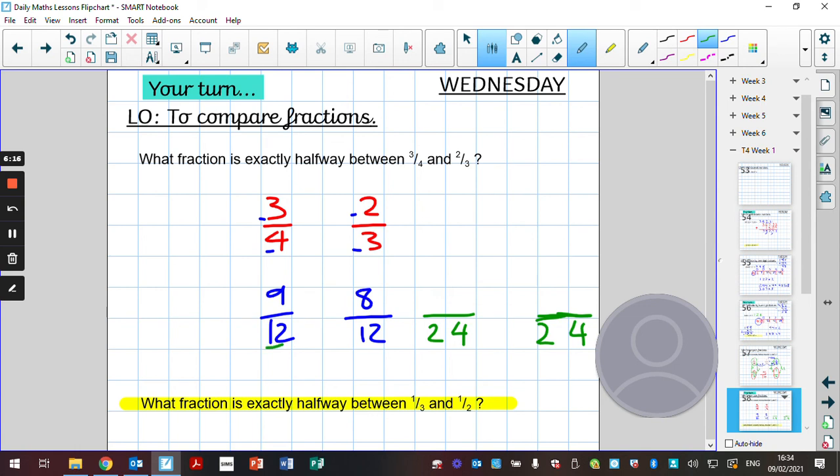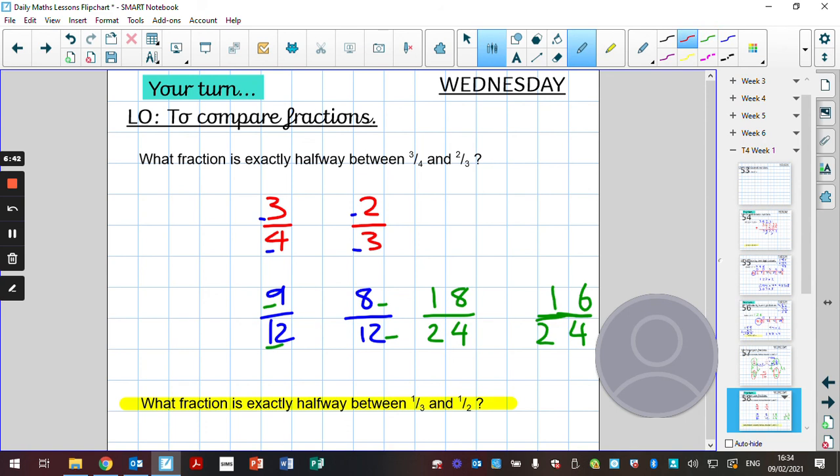What have I done to the denominator 12 there? To get to 24, I times it by 2. I need to do exactly the same with 9, so that becomes 18 24ths. What have I done to this denominator 12 to get to 24? I've times that by 2. I need to do exactly the same with our numerator 8. 8 multiplied by 2 is 16.